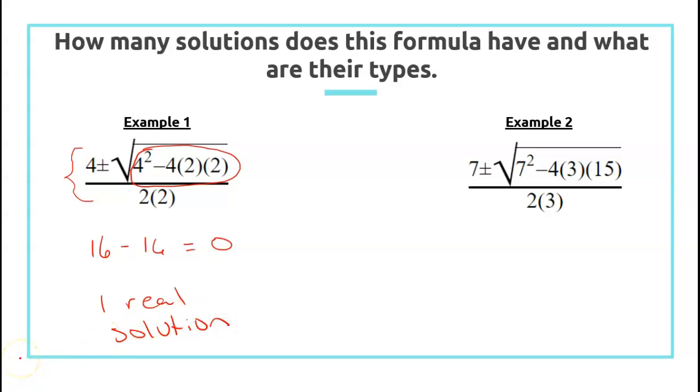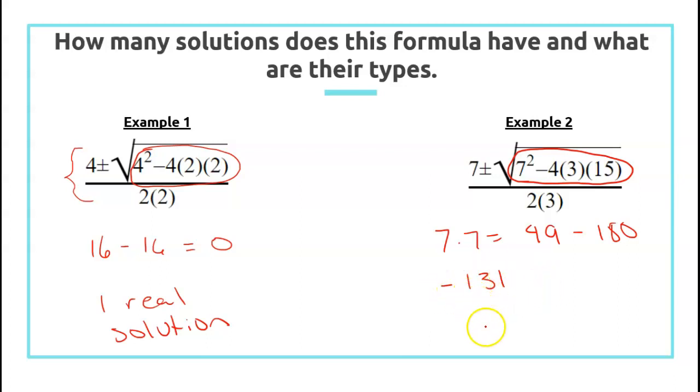And for example number 2, we're going to do the same thing. We are going to pay attention only to our discriminant right here, which is the stuff underneath our square root. 7 times 7 is 49, minus 4 times 3, which is 12, times 15 is 180. 49 minus 180 is negative 131.